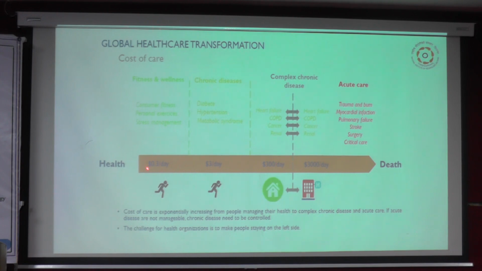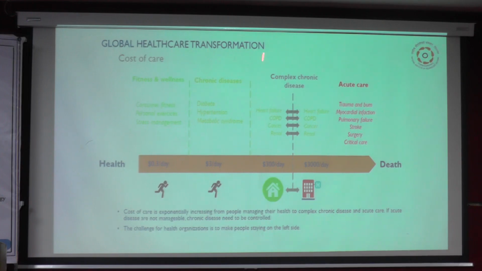You can see from the left-hand side to the right side, from health to death, how the cost of care increases. If you are in fitness and wellness, consumer fitness, personal exercise, the cost of care is very low, $0.3 per day, easily affordable. If you enter chronic disease, diabetes, hypertension, it is $3 per day.